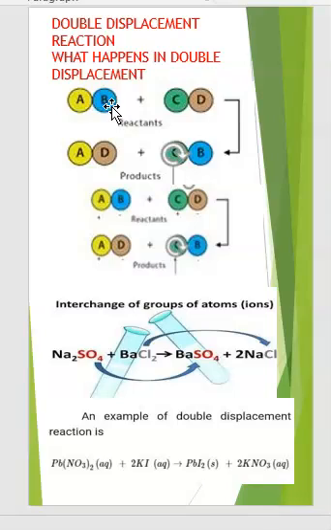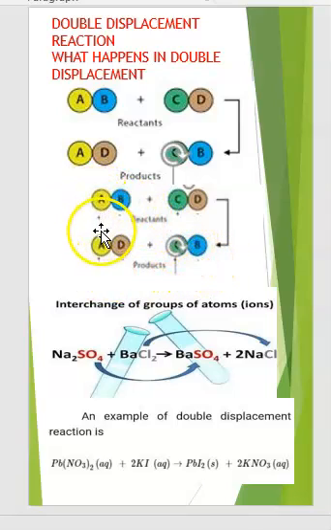It's a compound, and when it combines with CD, which is another compound, it forms CB and AD. Now how does this happen? Now if you look at this diagram and this diagram, they look similar, but there's one addition of these signs. Now look at these signs very carefully.